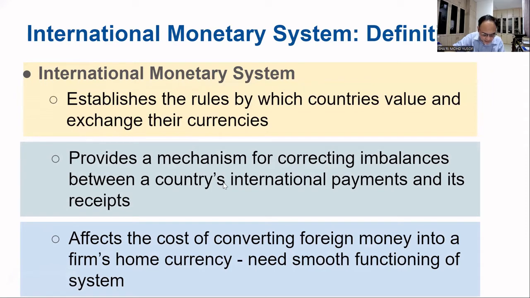Basically, if the currency is not stable, or if the currency is put at too high or too low, it will result in gains to some countries and loss to others. So you need smooth functioning of the system. So that's basically the importance of the international monetary system.